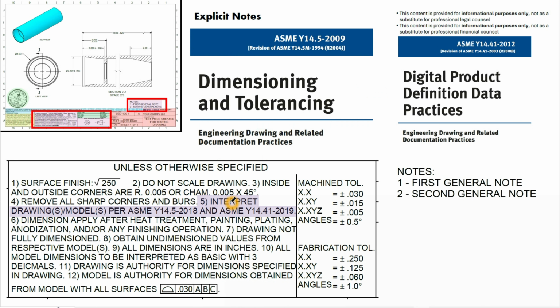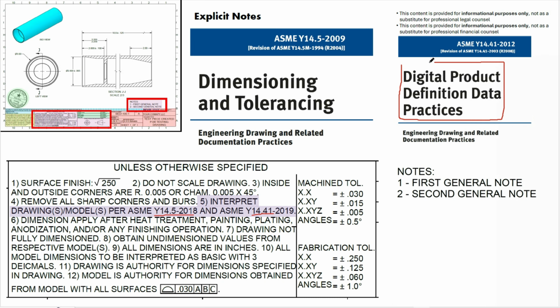Okay, next. We're telling the manufacturer, the people reading the design, that we have a specific standard of the language of the drawing that we are following. We are following ASME Y14.5 and we're following ASME Y14.41. So Y14.41 is for the CAD model that you're giving them, the digital product definition.